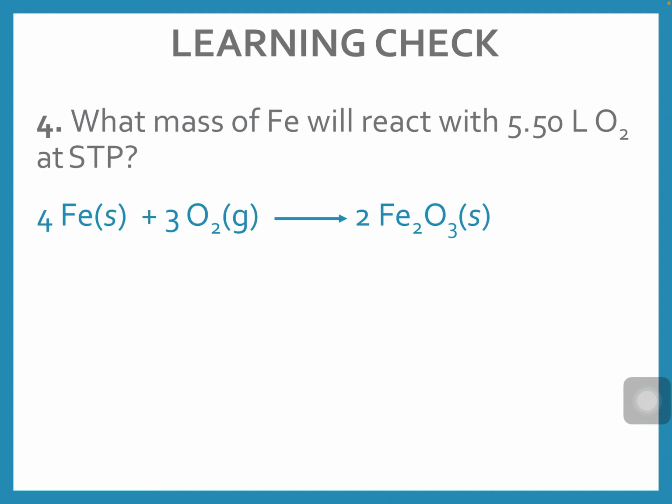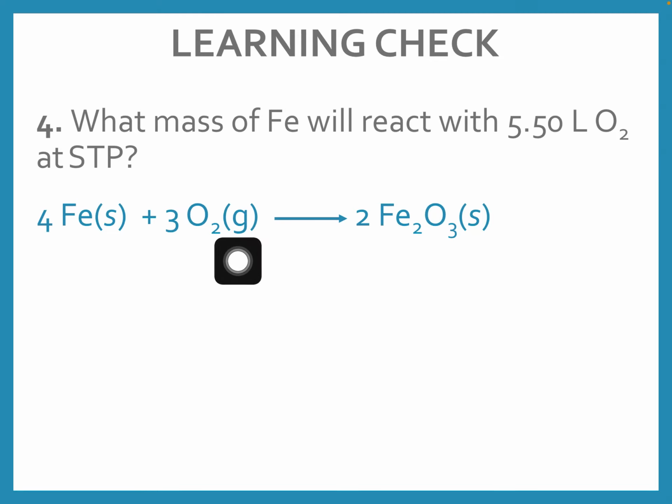Okay, one more. So what mass of iron would react with 5.5 liters of oxygen at STP? So here we are starting with the reverse, where we have a volume of oxygen. We need to convert that to a number of moles so that we can use our mole to mole ratio here, and then can convert to a mass. And so why are we doing this?